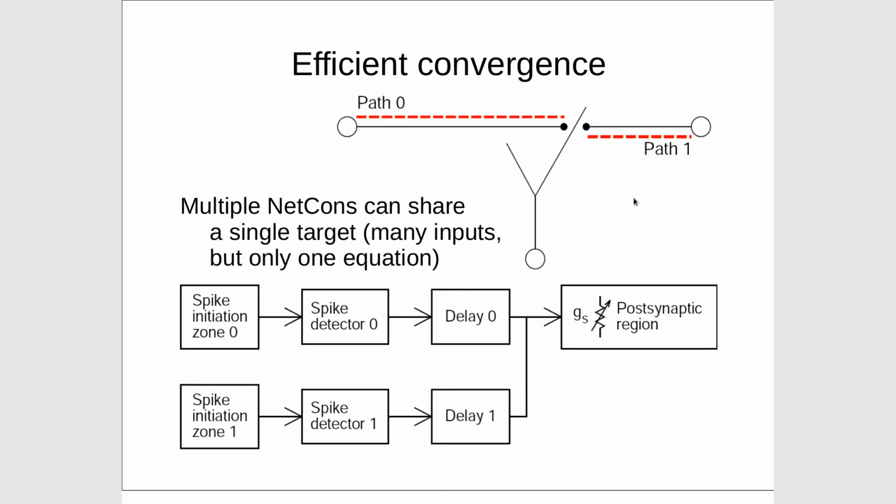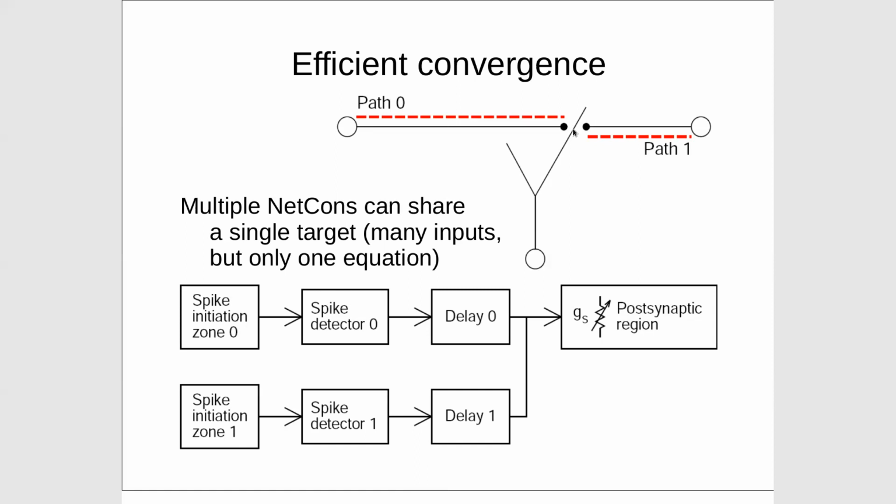Even more efficient potentially is convergence, or fan-in. Often in the case of cells, you'll find that within an electrically compact region, there's more than one instance of the same type of synaptic mechanism. Since they're all of the same basic type, they all share the same local reversal potential, and they all have similar kinetics, similar dynamics.